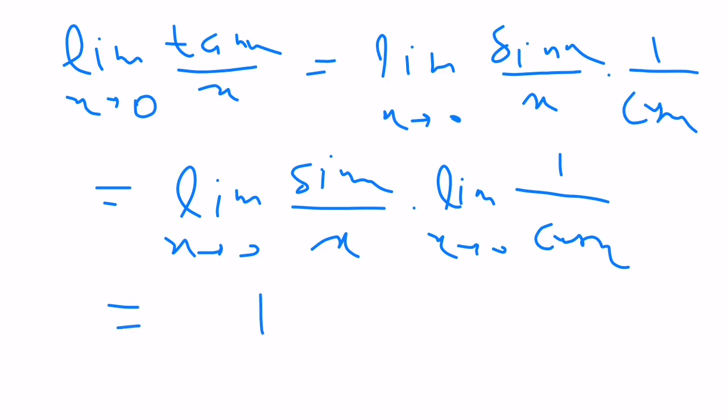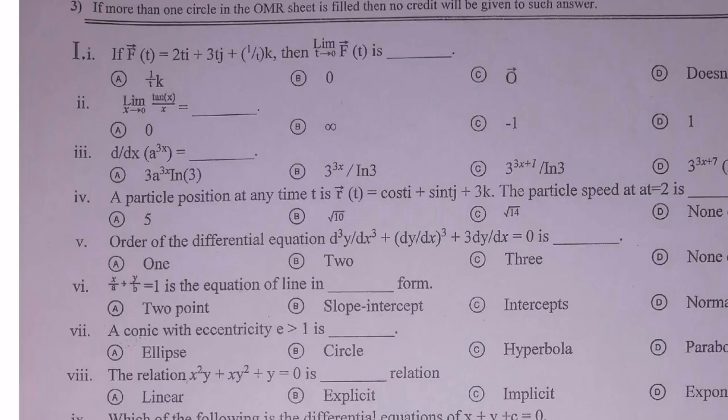Now the first is equal to 1, and the second is equal to 1 over cos 0. Now the whole expression is equal to 1. So the second option is correct: limit x tends to 0, tangent x by x is equal to 1.